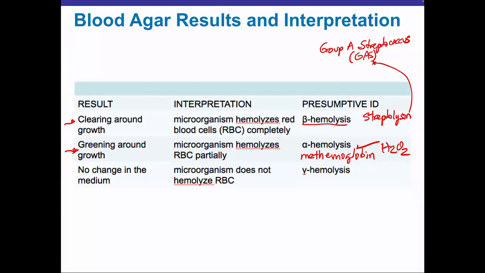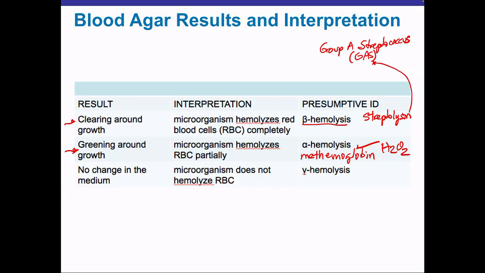Examples of bacteria that do this beta hemolysis: I mentioned here the group A Streptococcus, but for example, Clostridium perfringens, which produces gas gangrene, is also beta hemolytic.